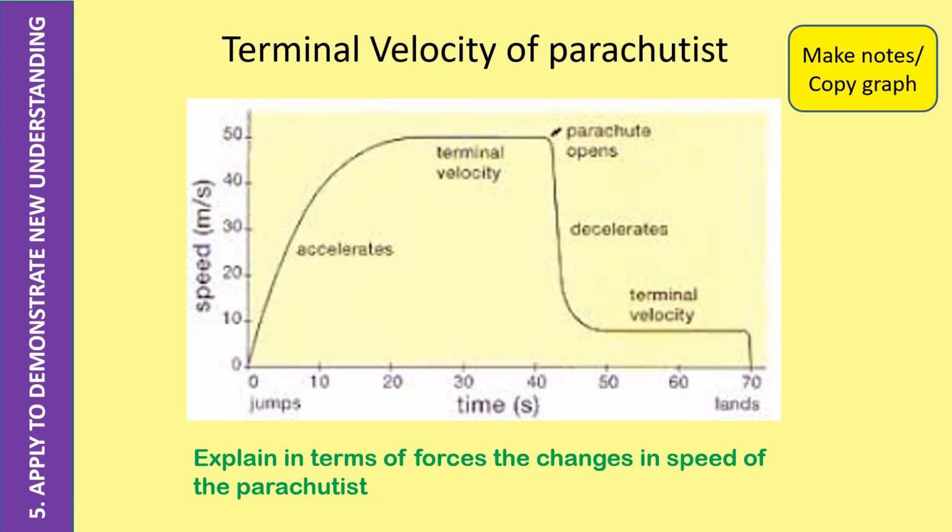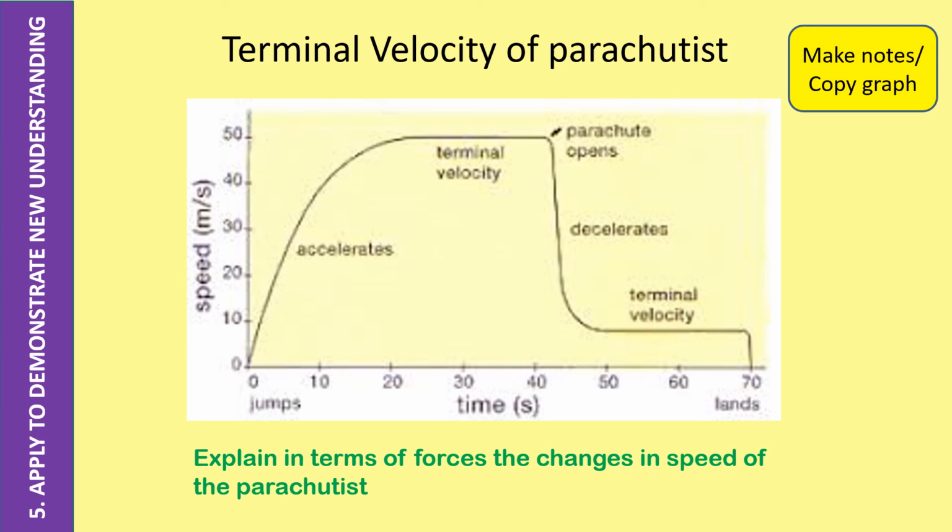Now when he opens the parachute, there's this sudden, really, really steep section of the curve. It's a really rapid deceleration until he reaches his new terminal velocity. Now notice that that terminal velocity is much lower than this terminal velocity, and it's that lower terminal velocity caused by the opening of the parachute that means he can land safely.